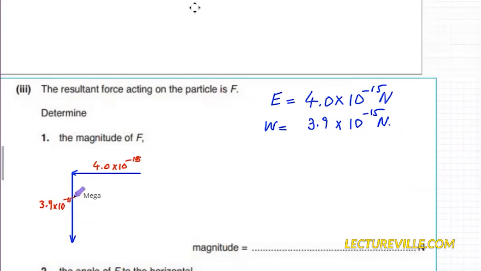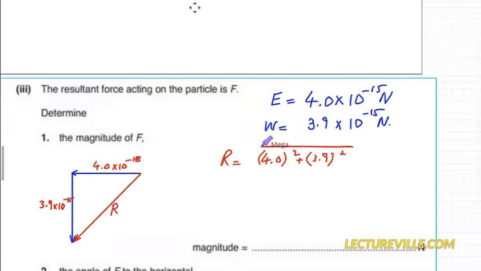The resultant force will be from here to here. And I hope you can see that we can find the resultant by using Pythagoras theorem. So resultant will be the square root of 4.0 square plus 3.9 square, and whatever answer you get, multiply by 10 to the power minus 15.